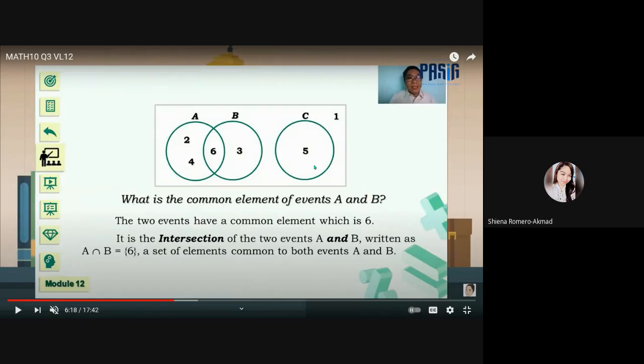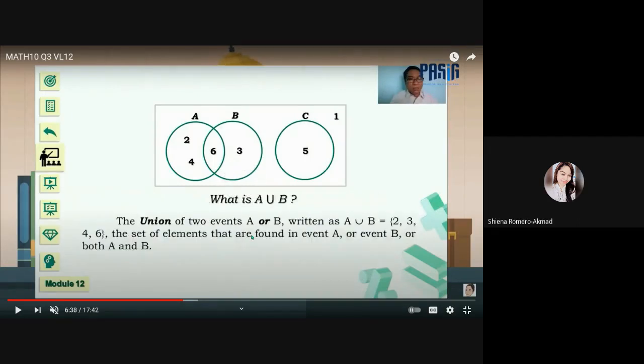So kapag ang hinanap ay yung intersection ni A at B, ang element na makikita lang natin in the set is 6, isa lang. So kapag tinanong kayo, what is the cardinality of the set? Ibig sabihin, ilang element ba meron yung set na to? Meron tayong isa lang, which is 6. And that is the intersection of A and B.